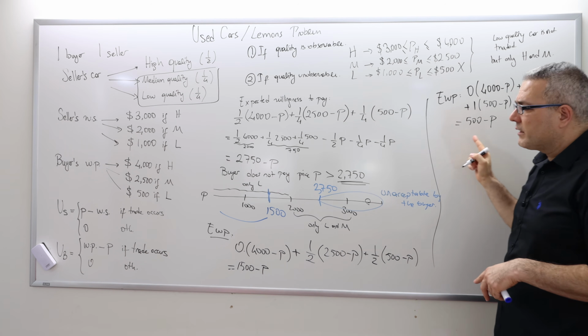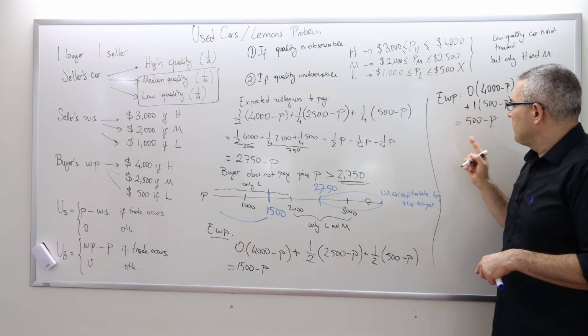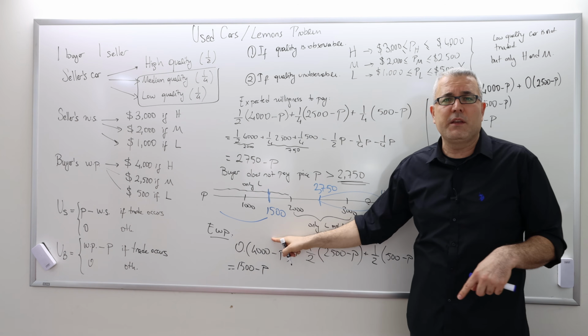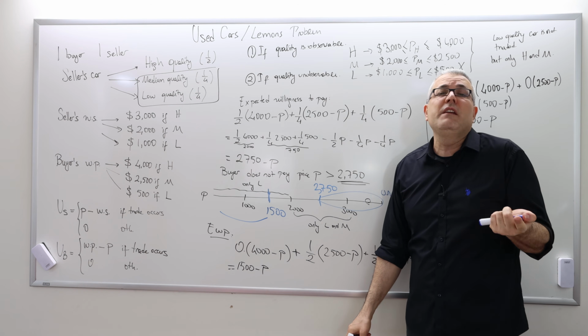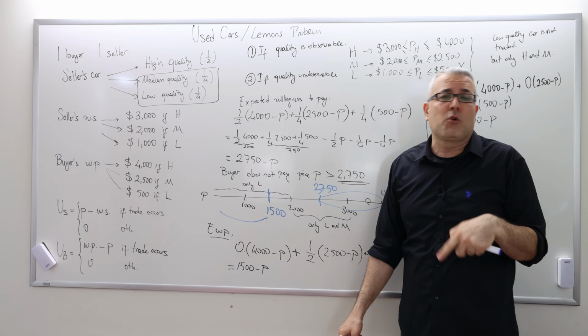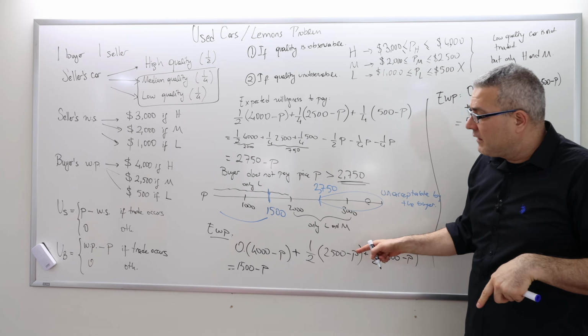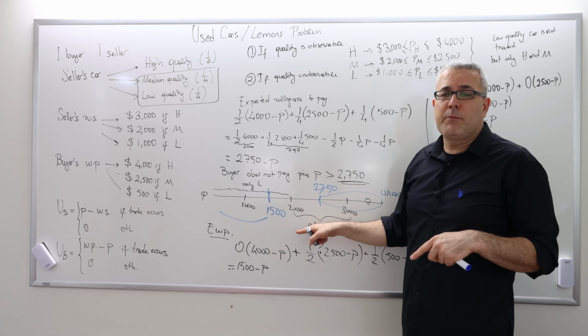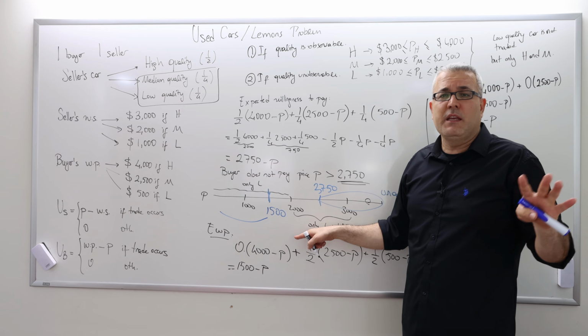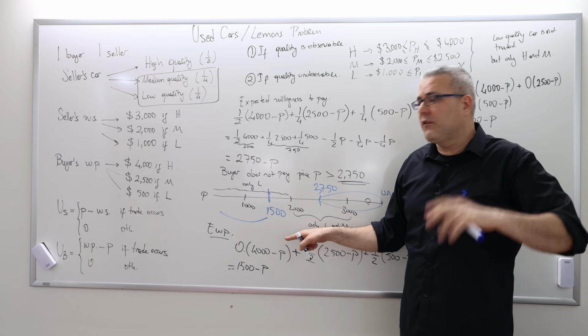So the buyer is not actually going to pay $1,500, because that was the price he's willing to pay assuming and believing that the car could be high type or medium type. But in fact, 1,500 is so low that the medium type sellers will not be selling the car. They will be out of the market.